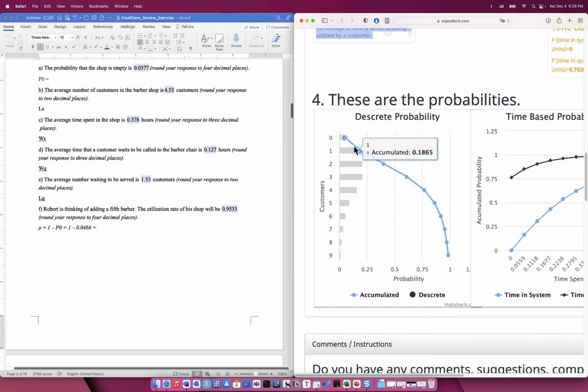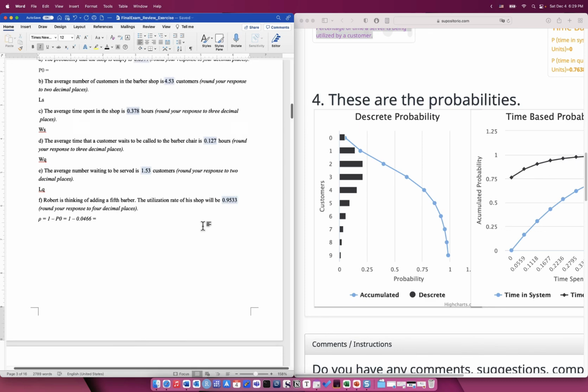Not to confuse this with 1 or less in the waiting line. This probability is about the number of people currently in the system. So that's the difference.